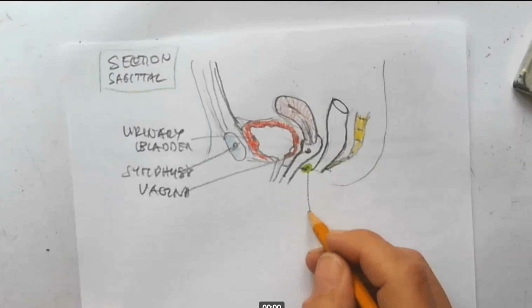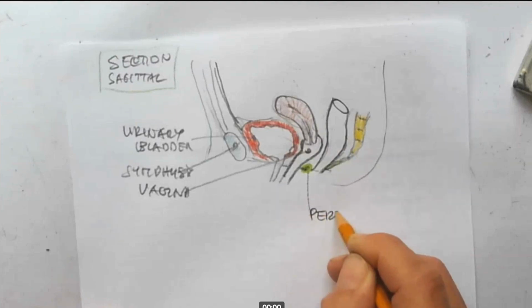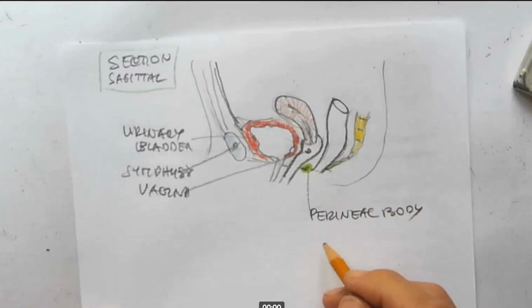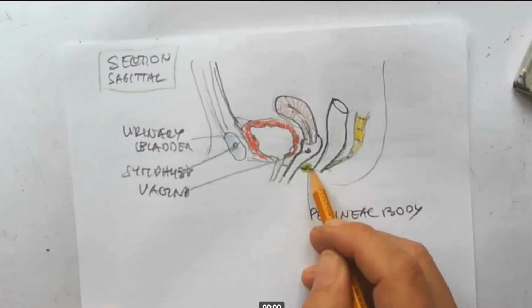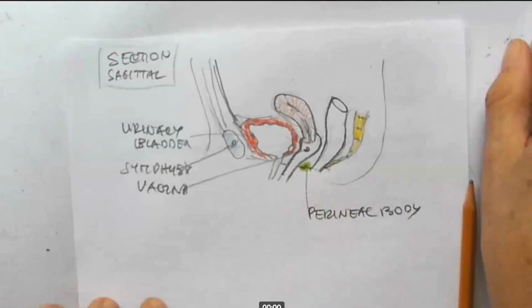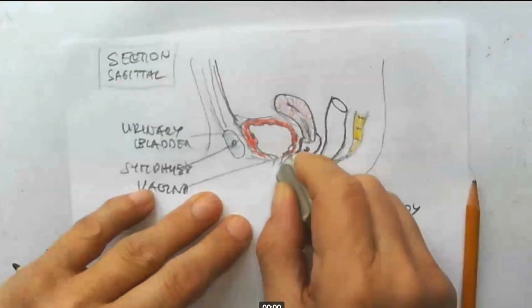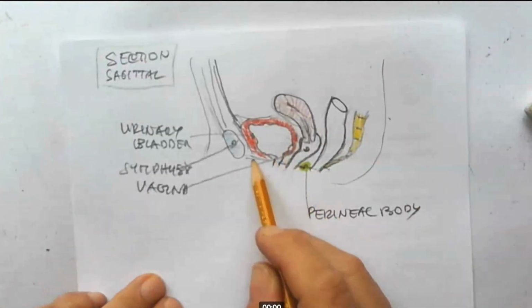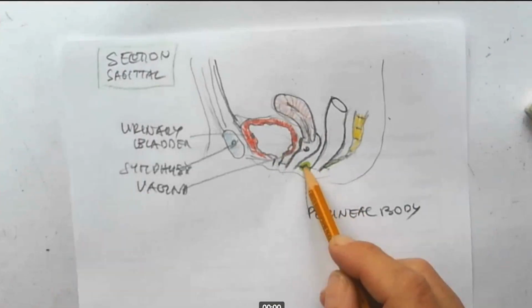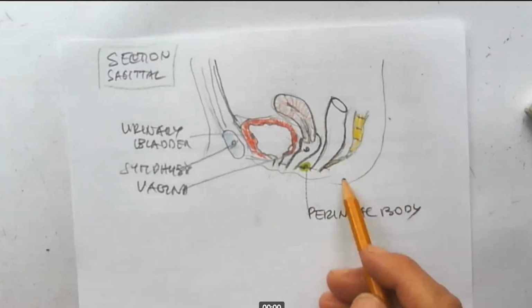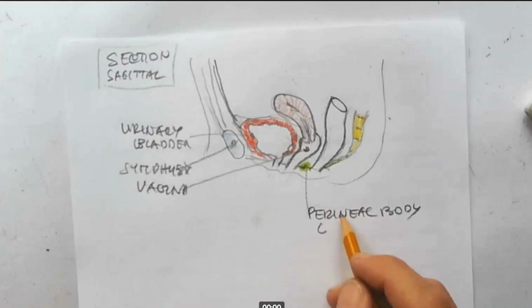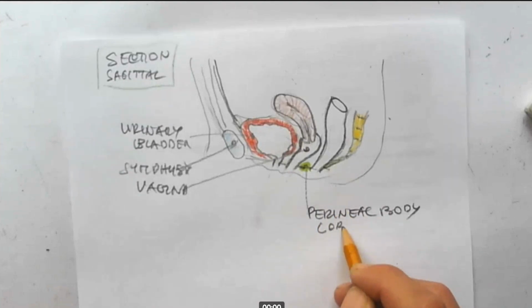Then we call it centrum tendinum or perineal body. Perineal body as a center. The perineal body is an important point which lies at the center of the perineum, supporting the structures in the perineum, in the place between the rectum and external genitalia, and important in obstetrics and gynecology.